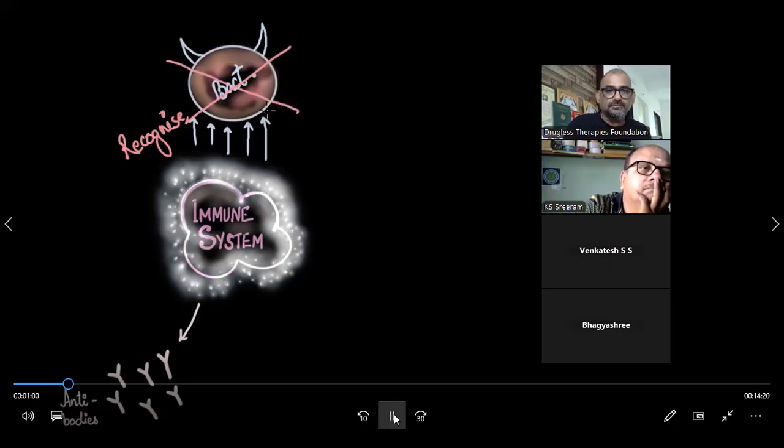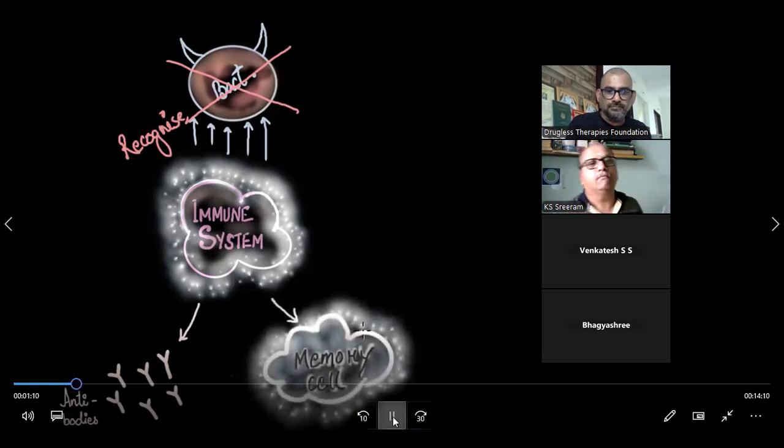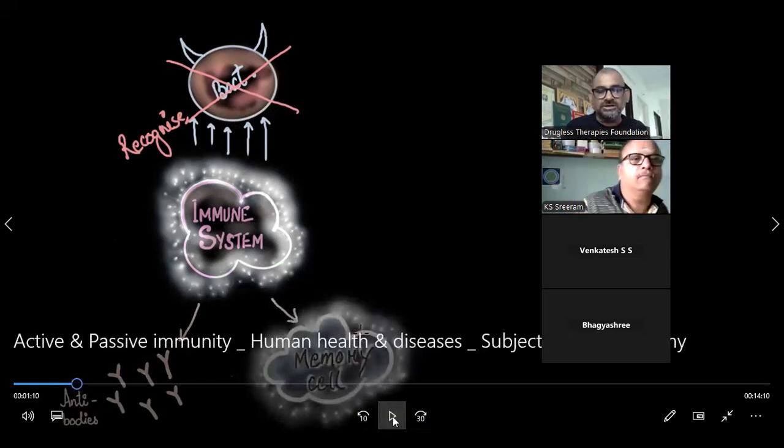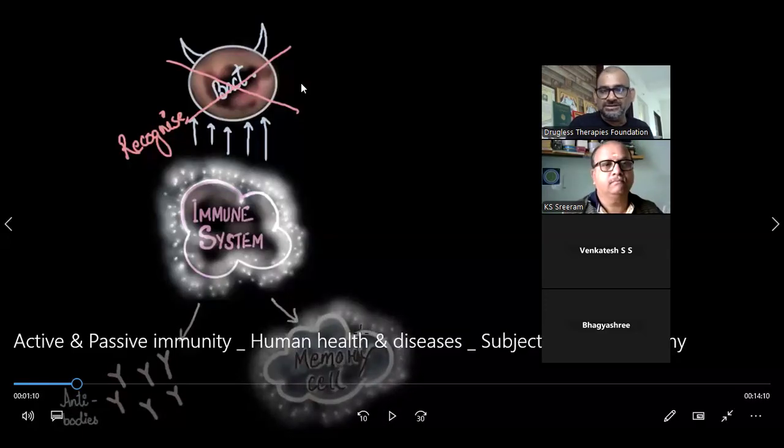But that is not the end of the story. Our immune system future-proofs us from this bacteria. It prepares another special type of cell called the memory cell. You understood? This is the principle of vaccination. They introduce the dead cells, so our immune system fights that particular bacteria and it remembers.